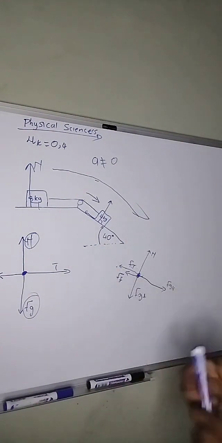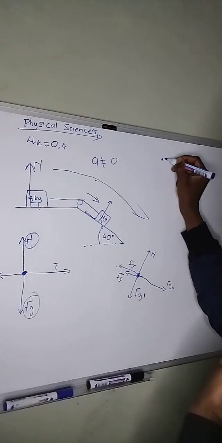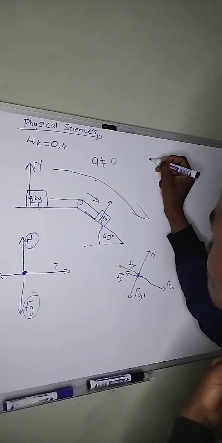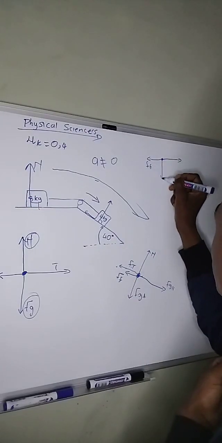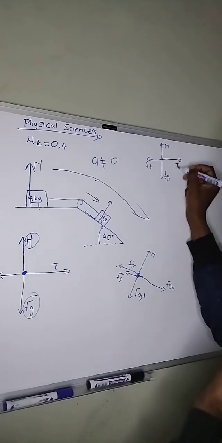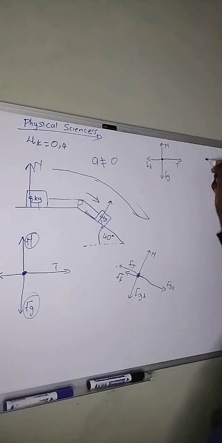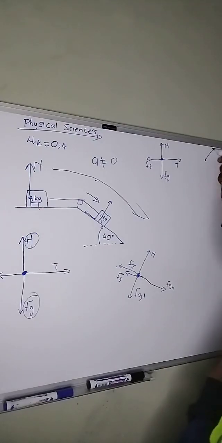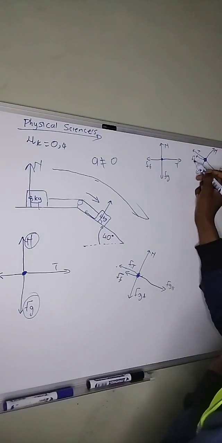I'm just going to draw these two free body diagrams here. Normal, force of gravity, tension, and F. And obviously I'm going to have this guy, our dearest friend, the normal, and FG perpendicular, FG parallel, and I'm going to have my tension and FK.